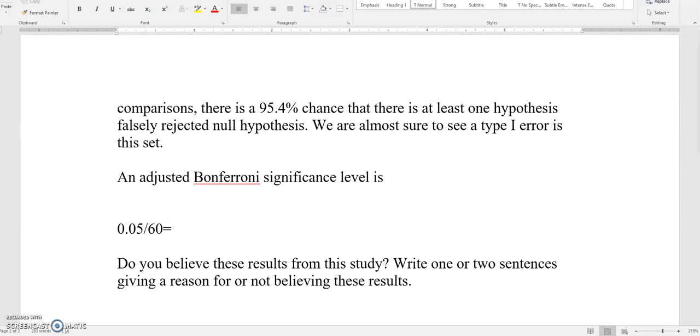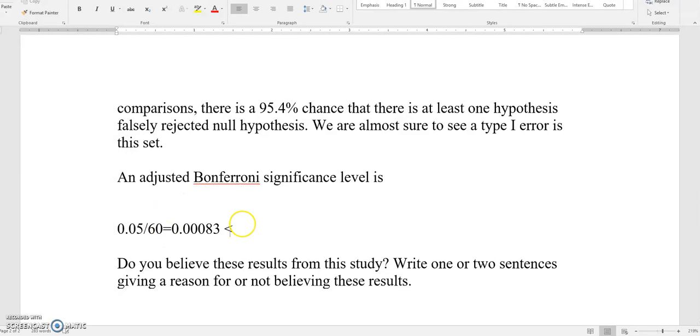So what is this value going to be? It's 0.00083, repeating decimal 3, okay? So this means that each of our adjusted significance levels should be at this level. So let's go back.